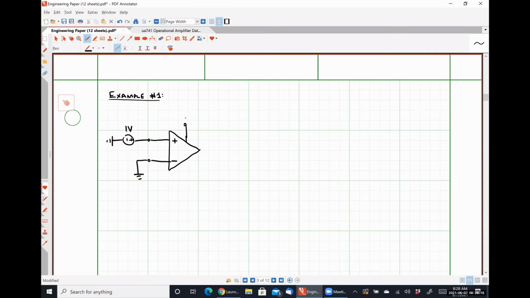I'm going to explicitly show that I have power supply voltages of plus and minus 10 volts. Here's my output terminal. So this is my output, V out, measured with respect to ground.